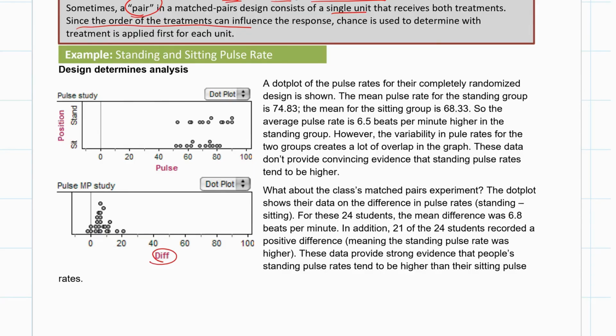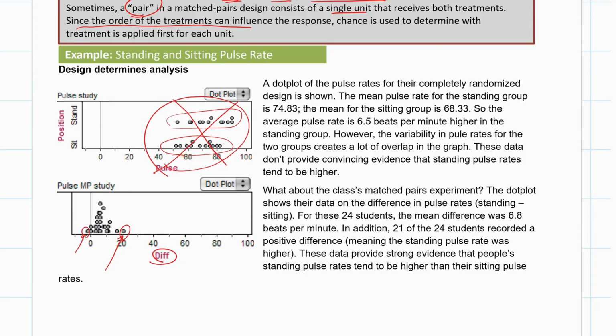And in this experiment, imagine this is all the standing pulse rates, and this is all the sitting pulse rates. And fundamentally, it doesn't look like there's a lot of difference there. But we actually don't care about that outcome. What we care about is that we look within each pair at the difference in the outcome. So, for example, for one person, it looks like the difference in their pulse rates from standing to sitting was 21 beats per minute. Okay.